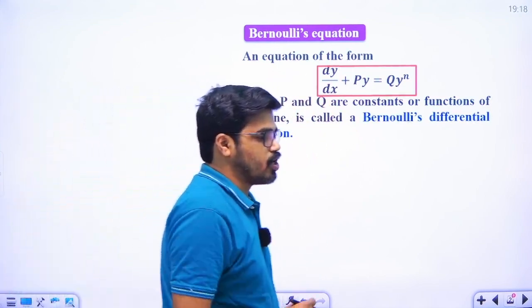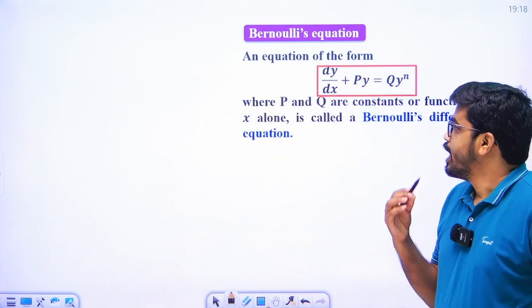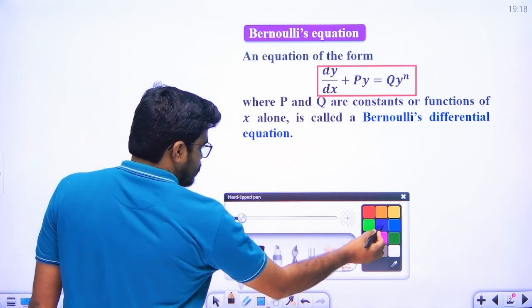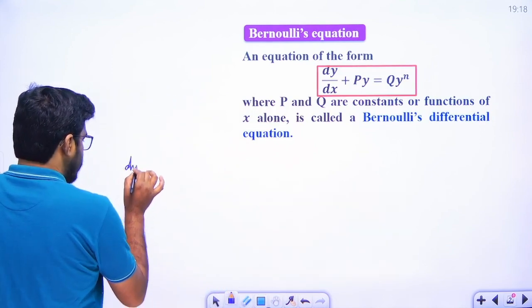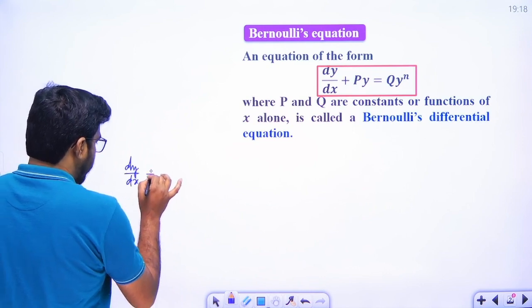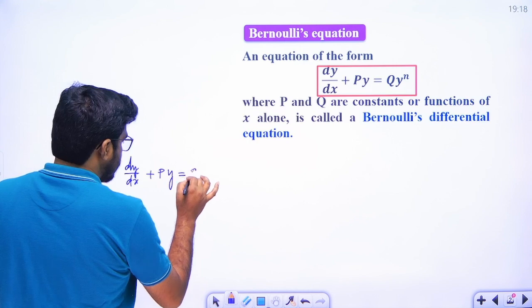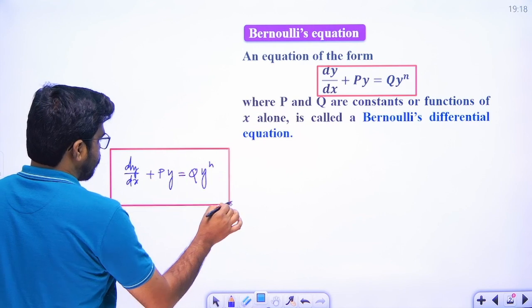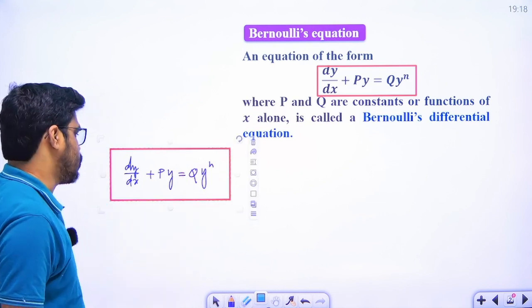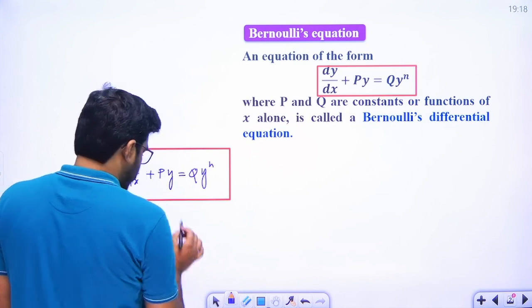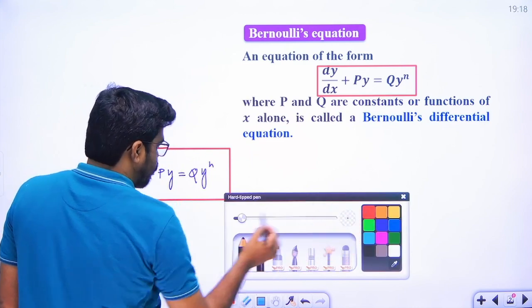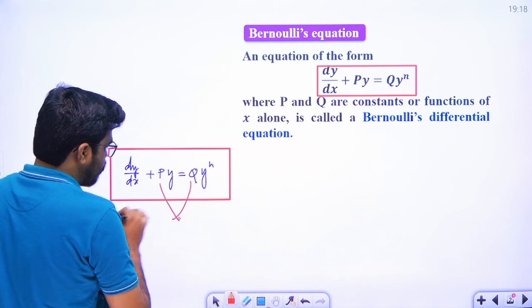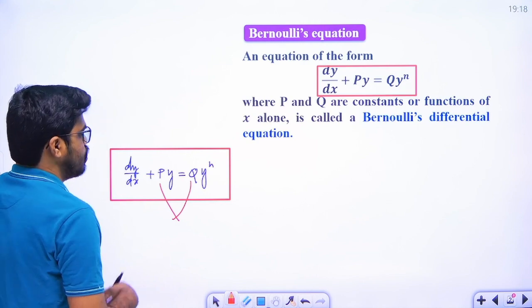So first of all, note this definition. An equation of the form dy/dx plus Py equals Q times y to the power n is called Bernoulli's equation, where P and Q are functions of x or constants.